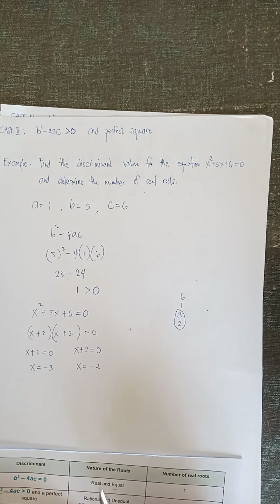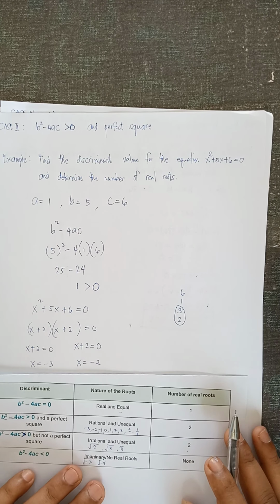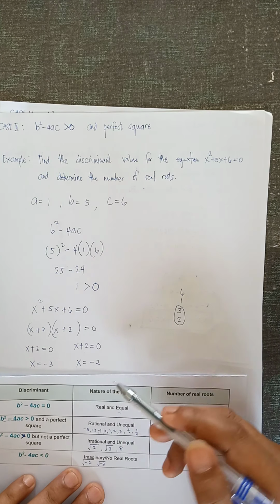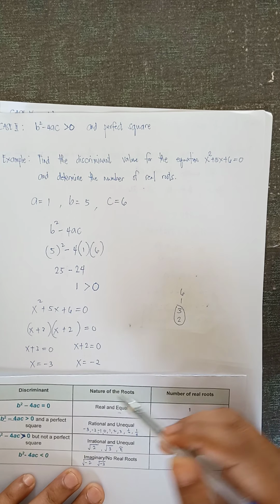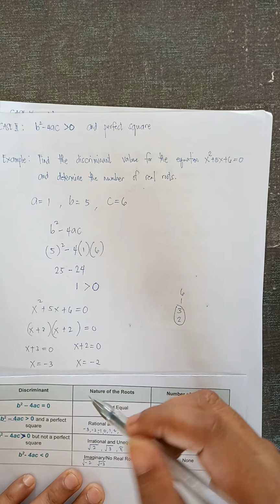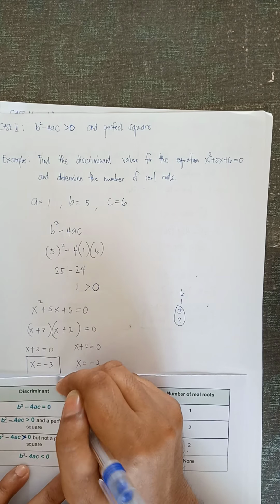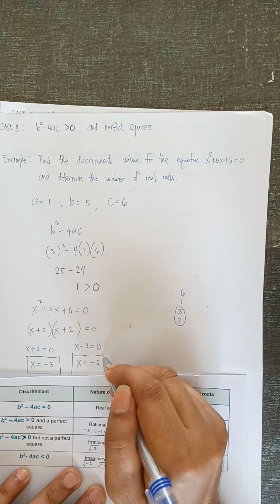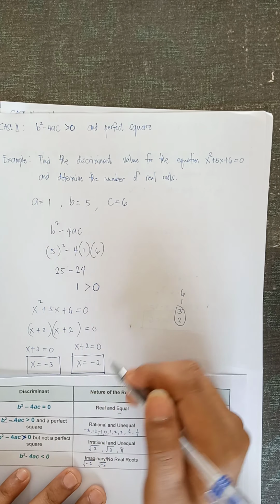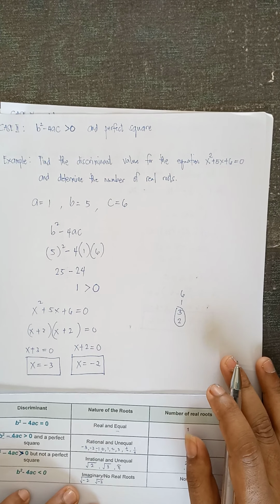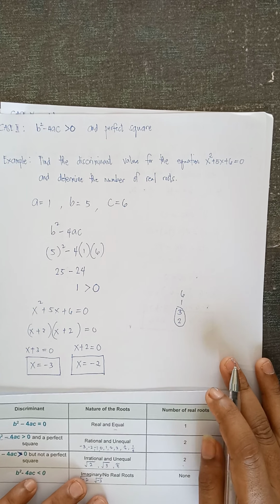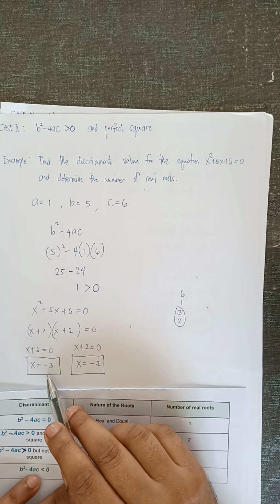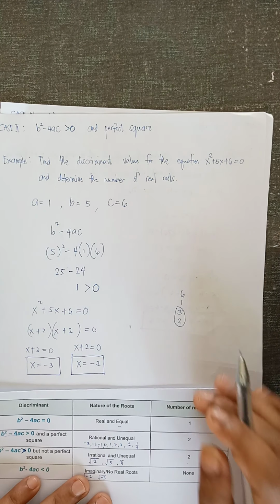Negative 3 and negative 2 are rational numbers, and also they are unequal. So therefore they have two real roots, which are negative 3 and negative 2. There are two values of x. Those are negative 3 and negative 2.